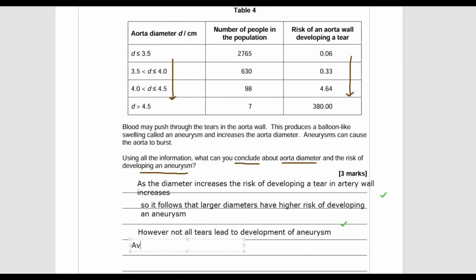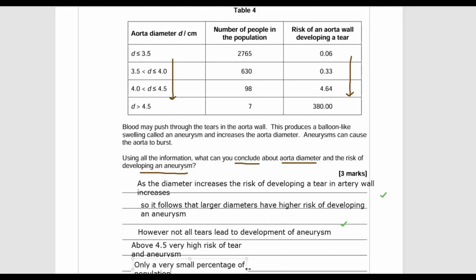And there's loads of things you can conclude. We can say that it's a very, very small chance, 0.06, for the majority of the population. They have a small diameter. So most of the population have a diameter below 3.5 centimeters, and so have a small chance of developing a tear.